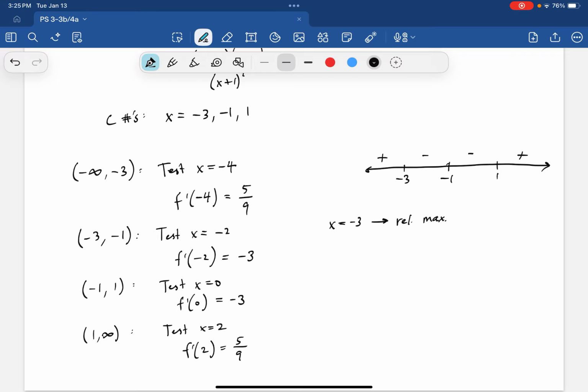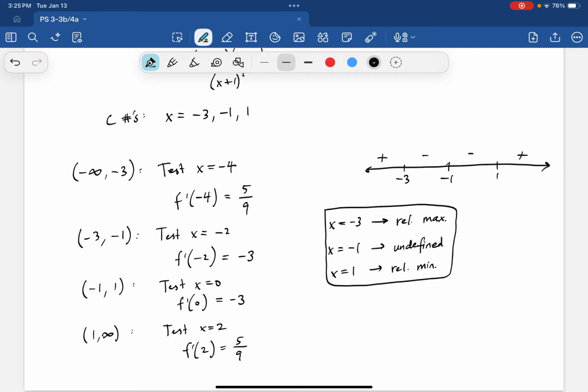And also the function is defined at x equals negative 3, right? On the other hand, x equals negative 1 is undefined. The function is not defined there, nor is the derivative. And x equals 1 is going to be a relative minimum because it goes from minus to plus. And that's that.